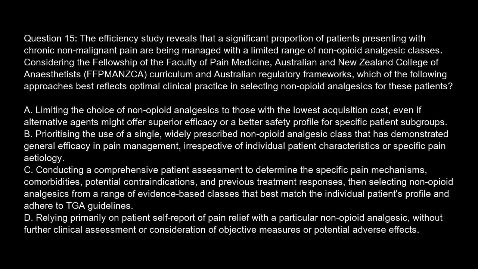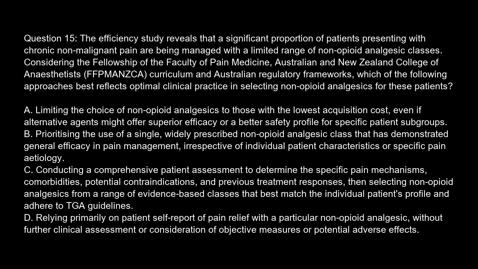Option A. Limiting the choice of non-opioid analgesics to those with the lowest acquisition cost, even if alternative agents might offer superior efficacy or a better safety profile for specific patient subgroups. Option B. Prioritizing the use of a single, widely prescribed non-opioid analgesic class that has demonstrated general efficacy in pain management, irrespective of individual patient characteristics or specific pain etiology.